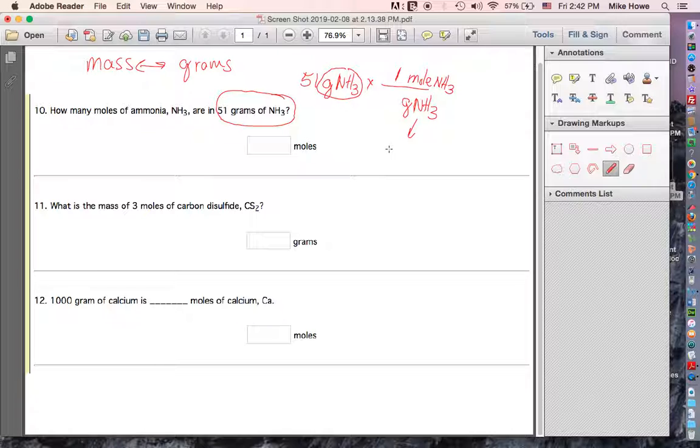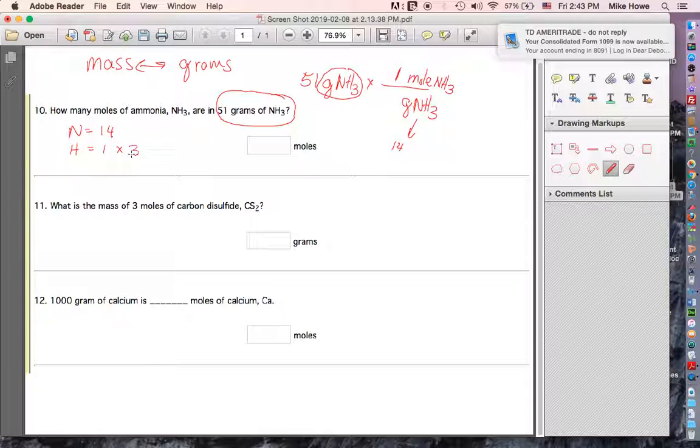Now to find the mass of 1 mole, you do the same procedure that we did at the beginning of class Friday, or yesterday if you were in A9, and you find the mass of magnesium. So of nitrogen. I'm going to assume that you have a periodic table, and you can see that nitrogen equals 14. 14 grams would be 1 mole. Hydrogen equals 1. Now there are 3 hydrogens in the formula, so I have to multiply that by 3.